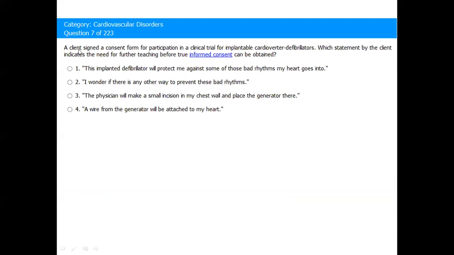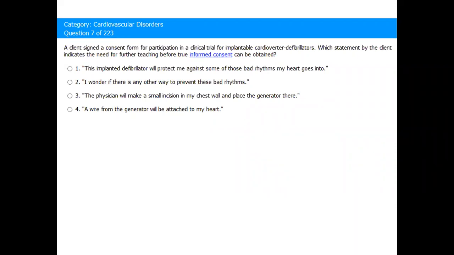A client signed a consent form for participation in a clinical trial for an implantable cardioverter defibrillator. Which statement by the client indicates the need for further teaching before true informed consent can be obtained?